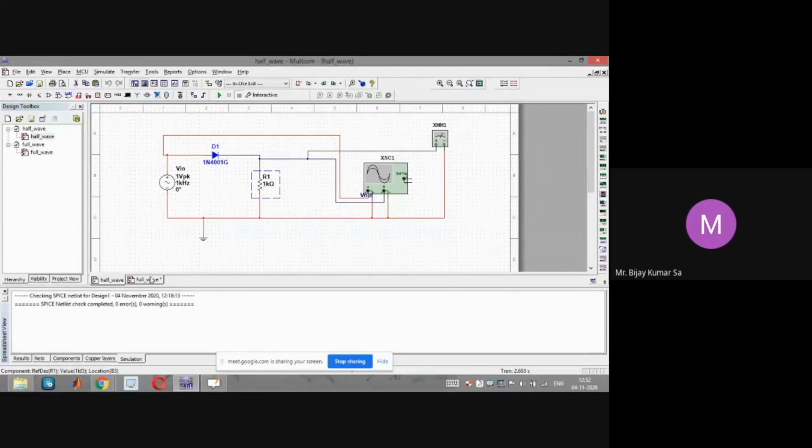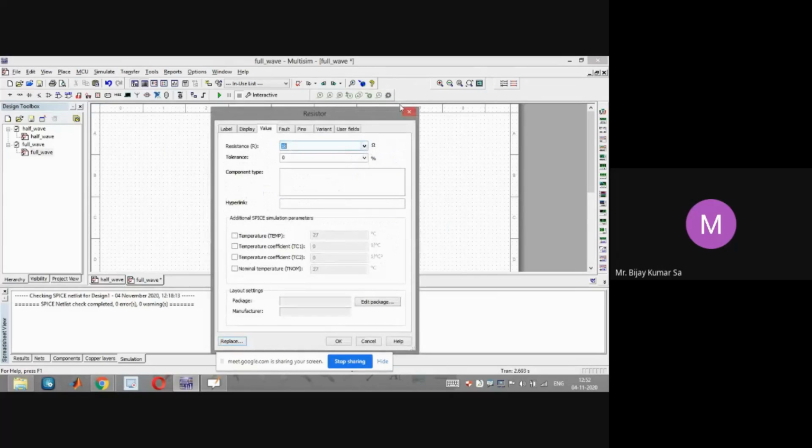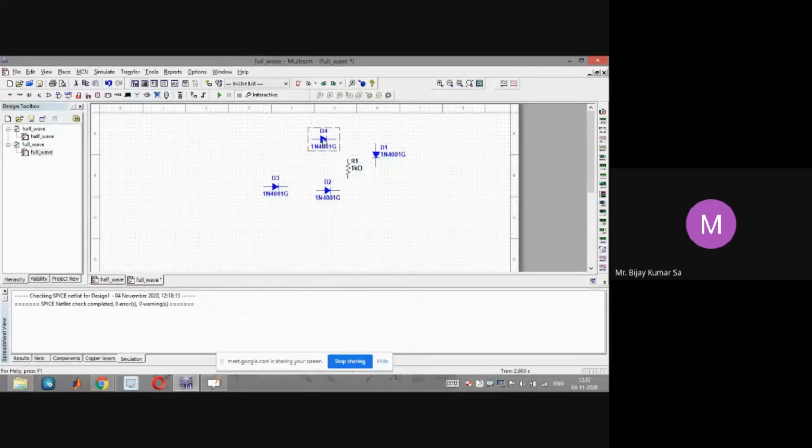Control C from here, Control V over here. Let it be 1 kilo ohm only. एक मिनट.